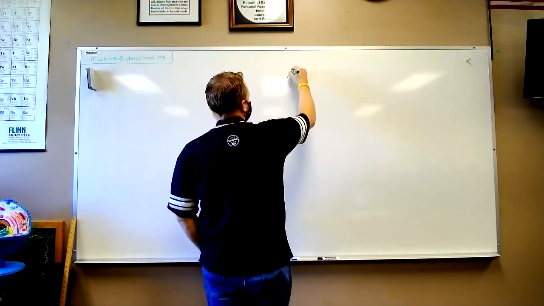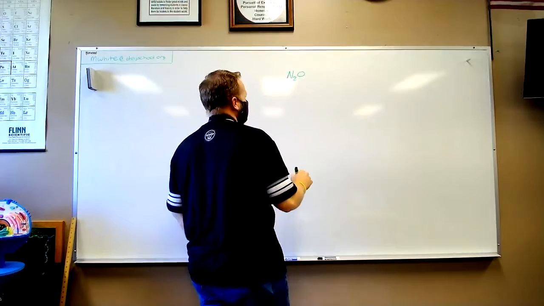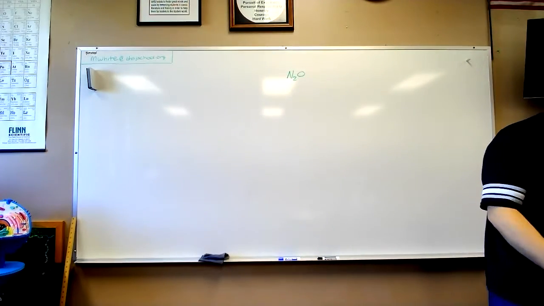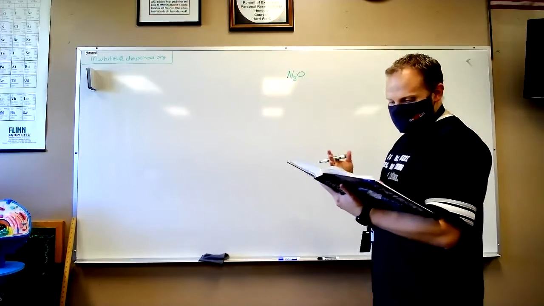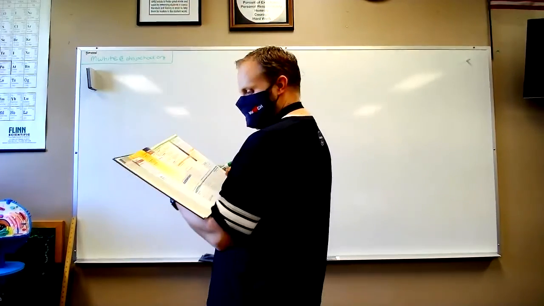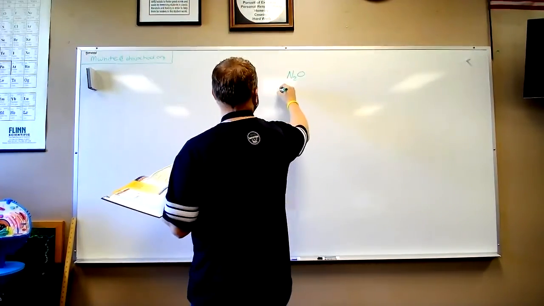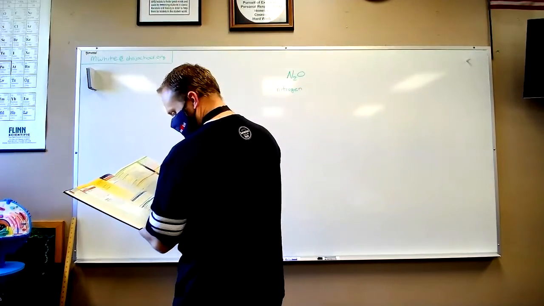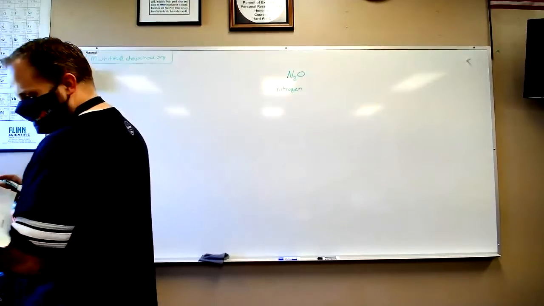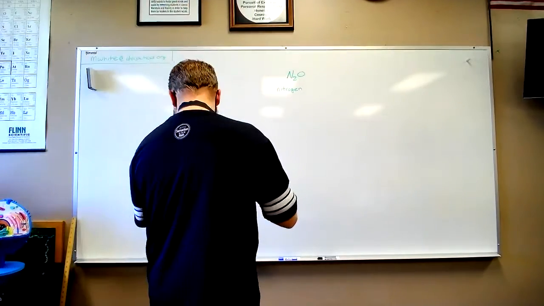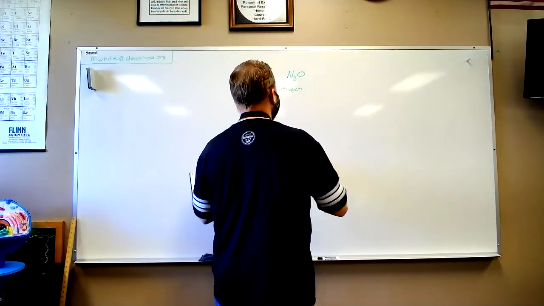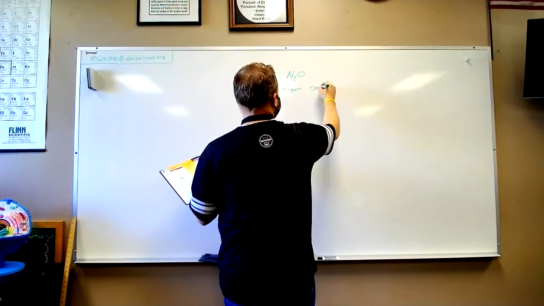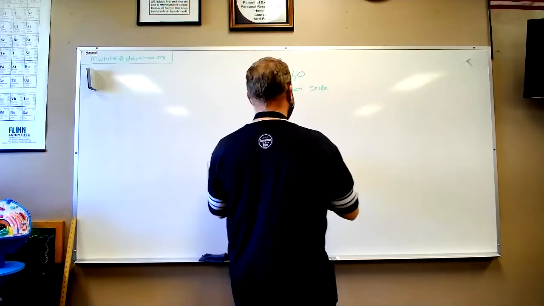As we're looking through the rules, it uses the example N2O. So rule number 1, the first element in the formula is always named first using the entire element name. So we have nitrogen. The second element in the formula is named using its root and adding the suffix IDE. So oxygen, the root is ox, oxide.